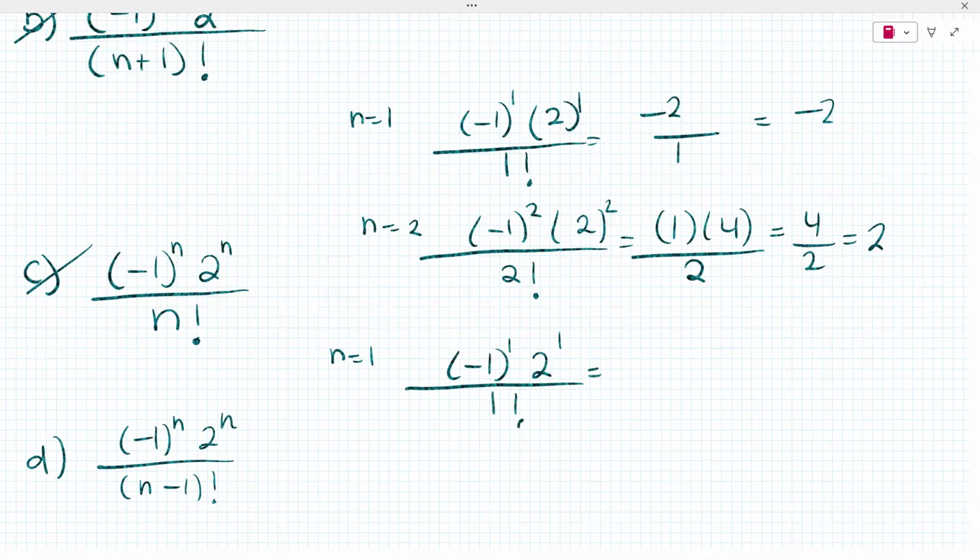So -1 to the 1 is -1, this is 2, 1 factorial is 1. What's -1 times 2? That's -2. Yes, that gives us the first term. Now let's keep going. Let's try when n equals 2, and if that gives you 4, then it might work. So let's replace n with 2.